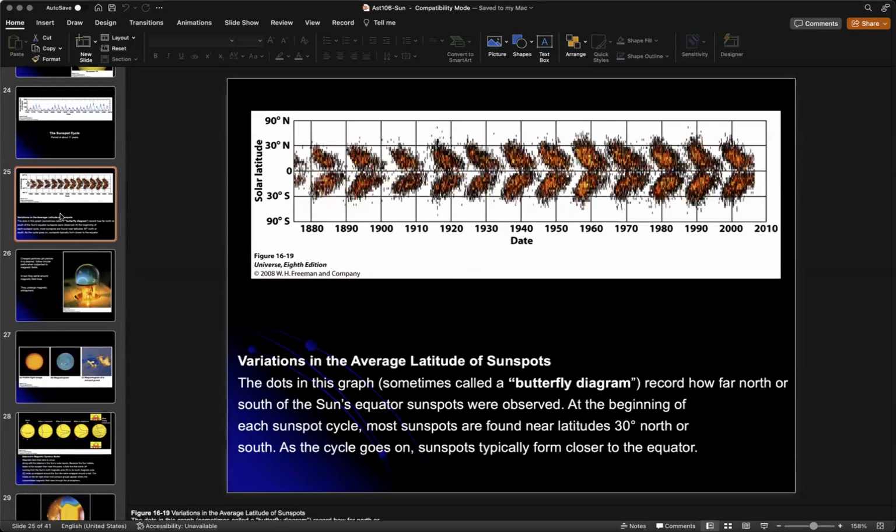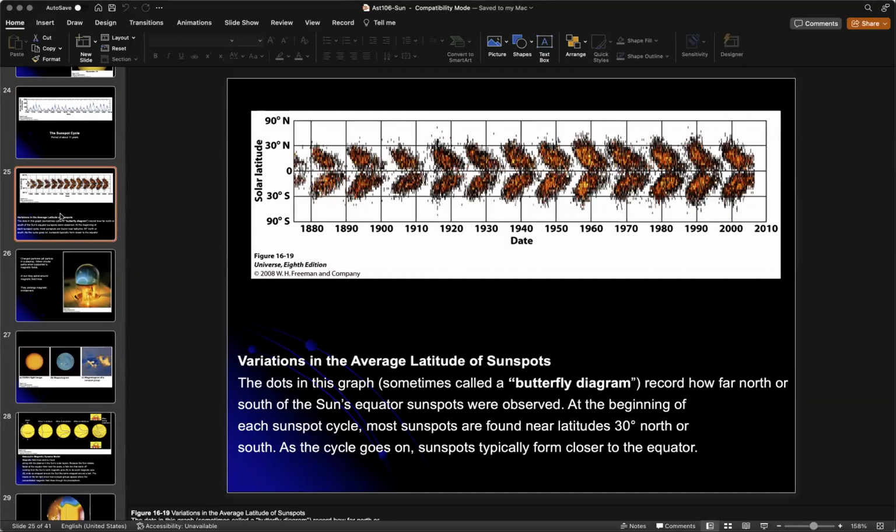This is called a butterfly diagram. It's because of what it looks like. Looks like they are butterflies, but if we track all the sunspots that are formed on the sun against time, and also mark their locations, then this kind of structure is produced.